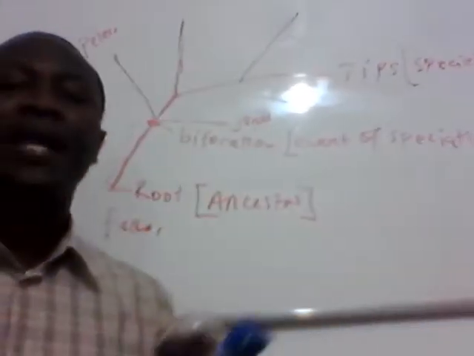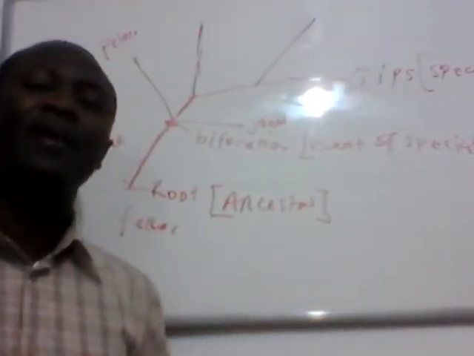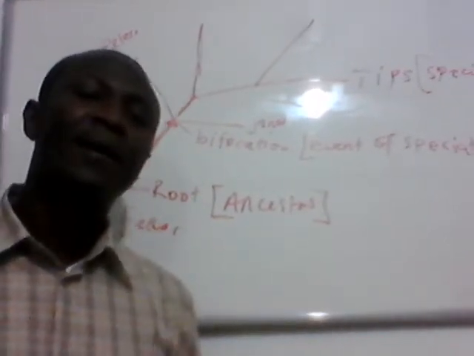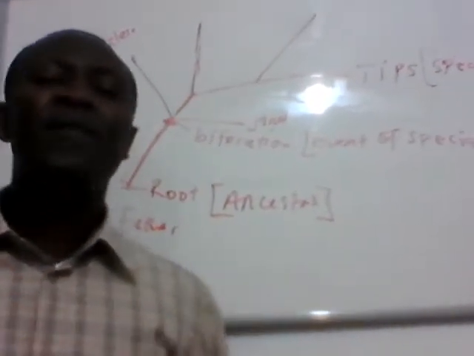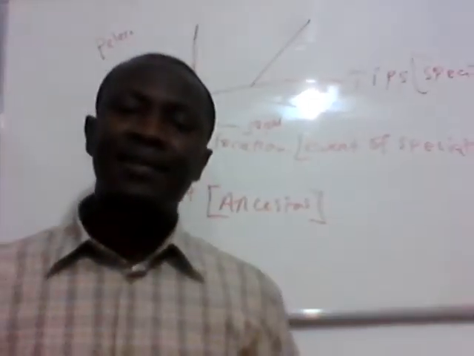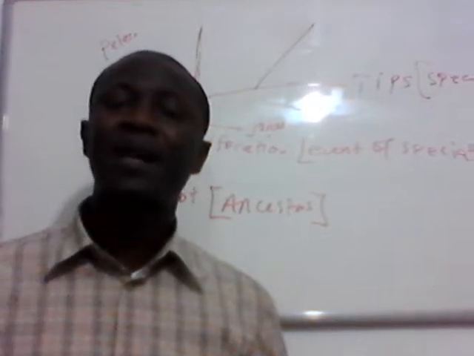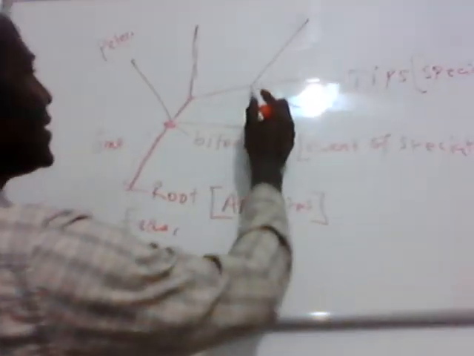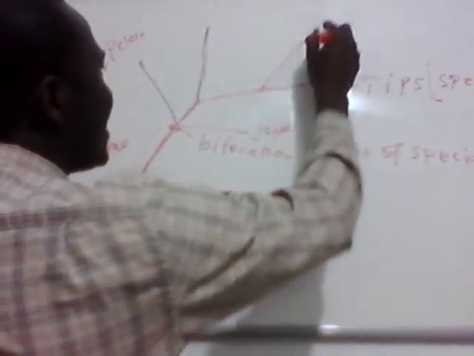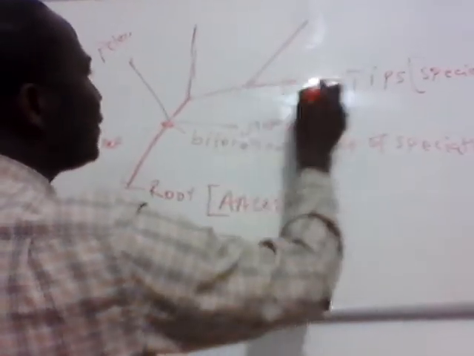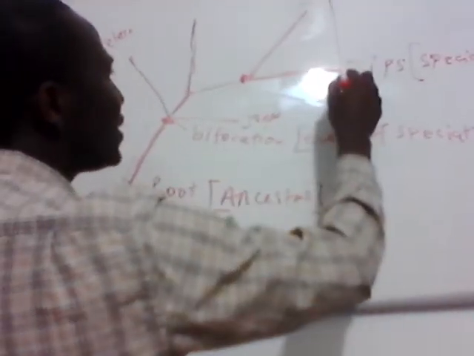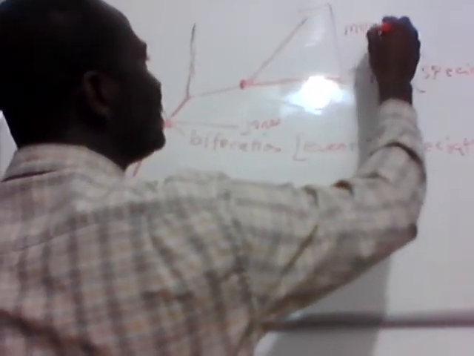Now there is another thing. From these trees, we can also explain concepts like the monophyletic, paraphyletic, and polyphyletic terminologies. In monophyletic groupings, all the descendants have emerged from just a single ancestor. When you look at these two species here, you will know that they have emerged from this common ancestor, so these two would be called monophyletic.